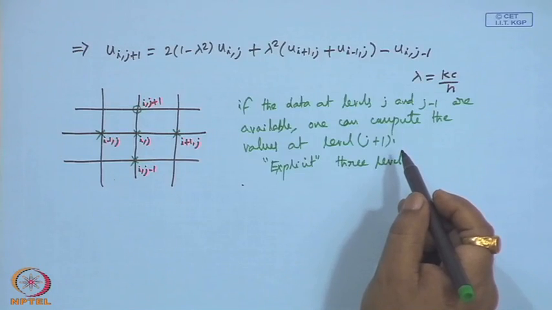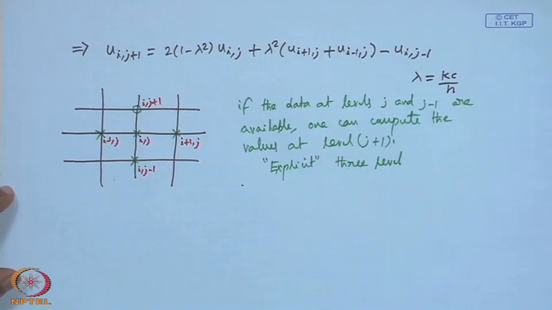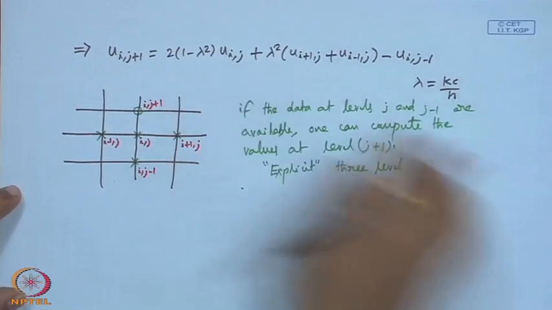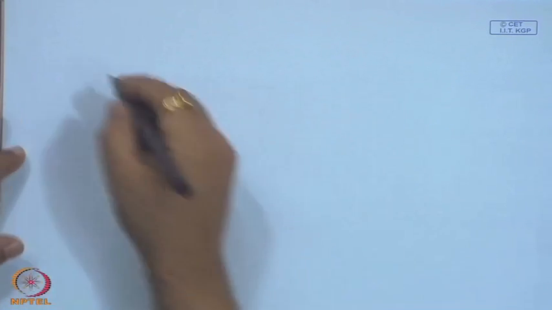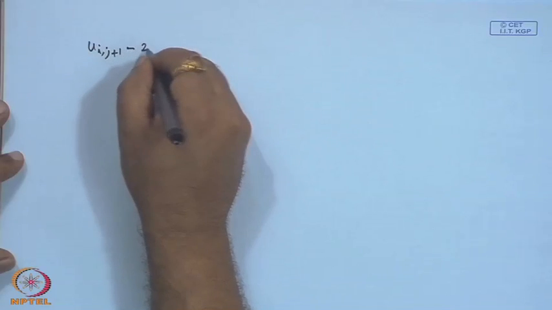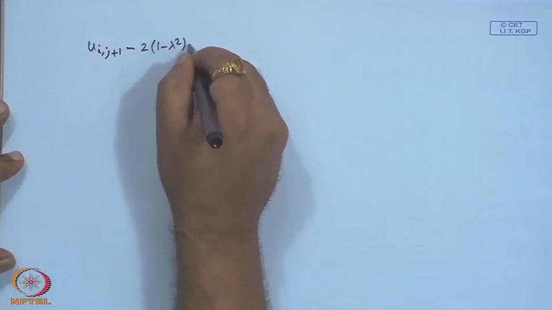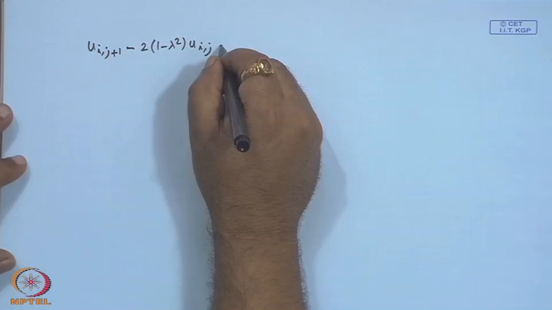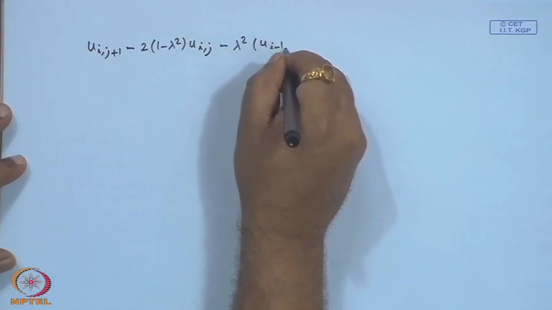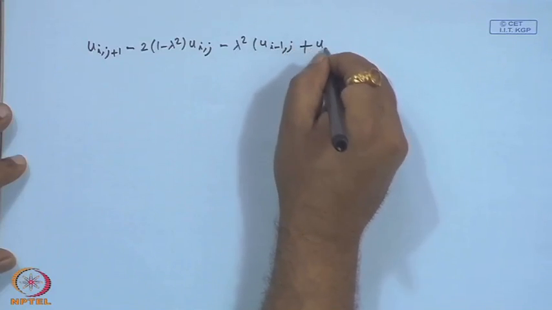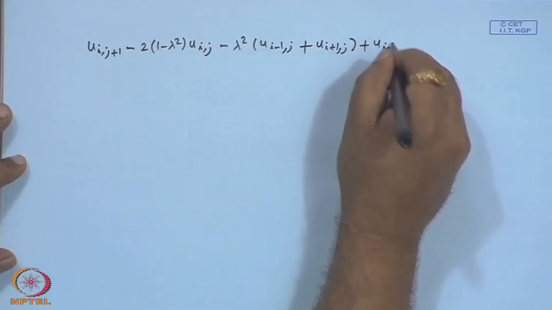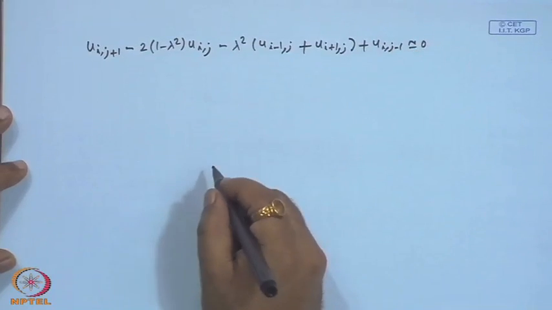Let us have a quick look at the corresponding error involved. Let us expand this equation. So, this is approximately equal to 0.